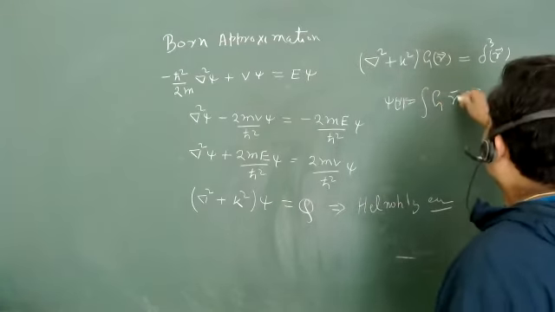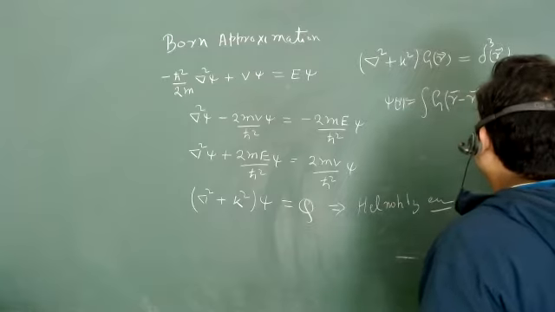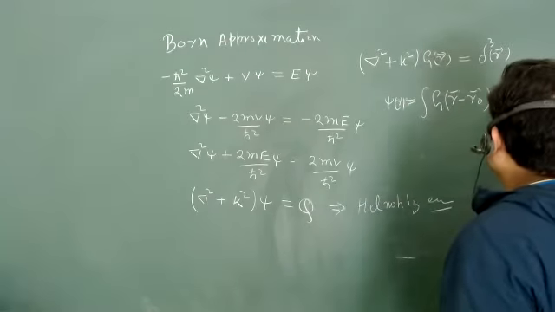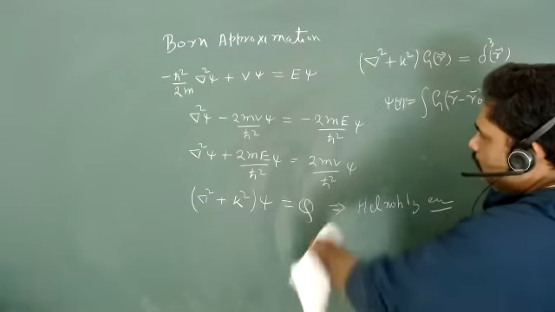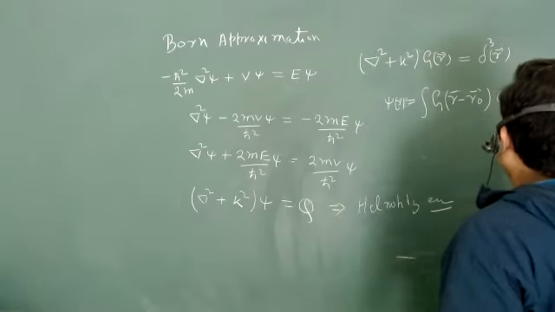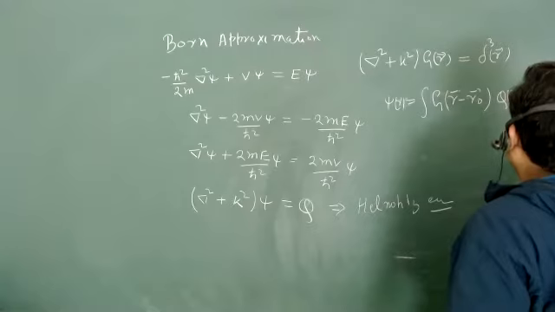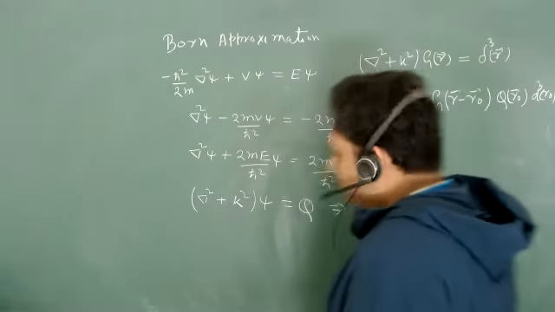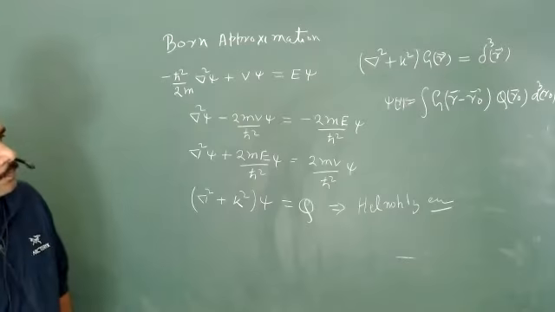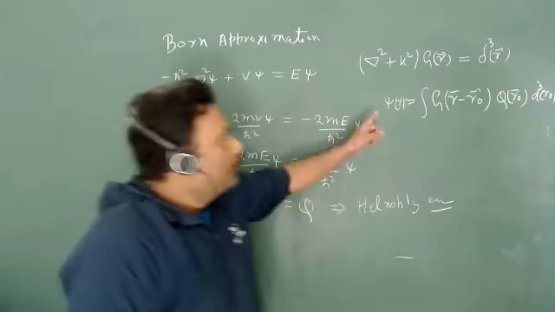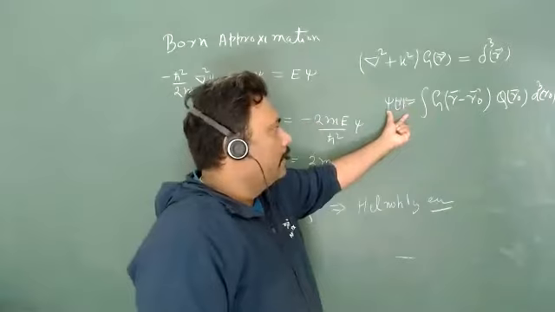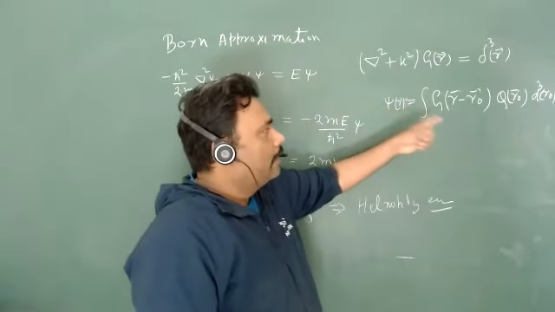Why have we taken r naught here? Because if you do the integration in terms of r naught, you will get r outside, and we need some psi(r). Are you getting my point?